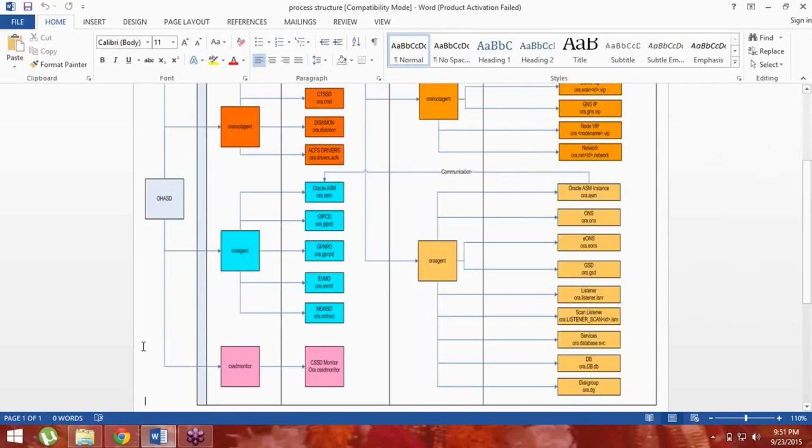So when you give the command to start the cluster or to start the RAC services, the first process which will get started is going to be OHASD, Oracle High Availability Service Daemon. This is the very first process which will be started, and after this it will further spawn different processes.